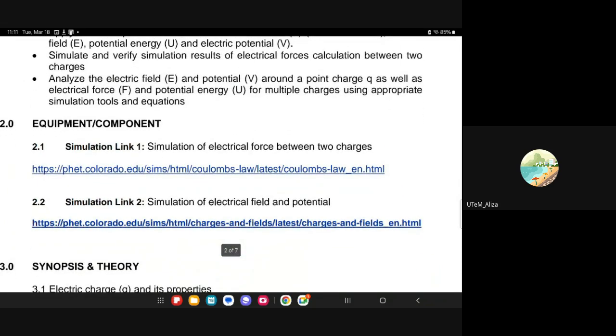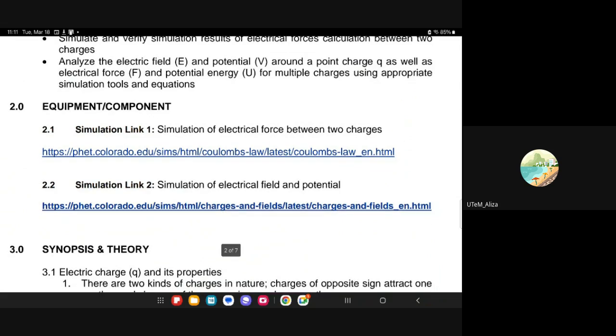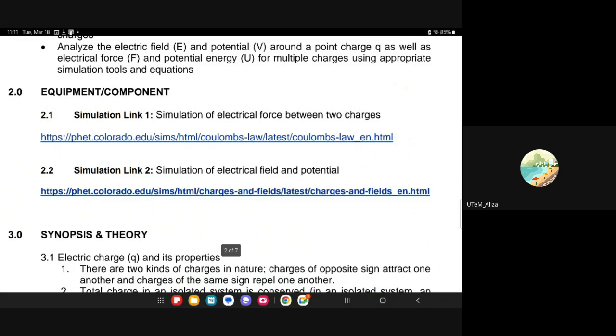So you need to click on the link given to get to the simulation page or to the simulation package. You can use your browser. You do not need to download any application. Just use it direct from the browser.